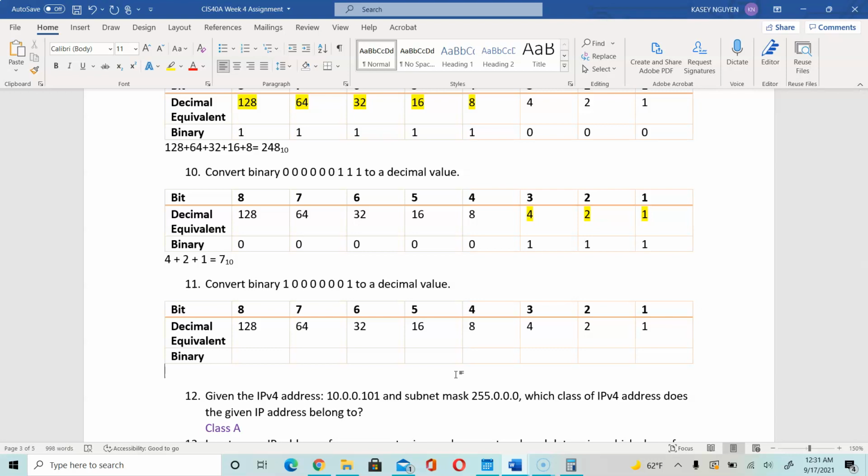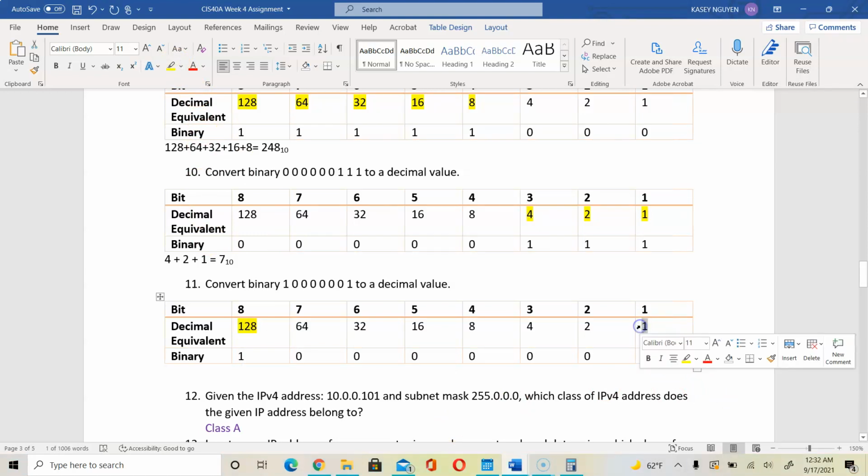For number 11, we use the same technique. You place the binary value into the scale, and then you're only going to add the values that have the 1, which are bit 8 and bit 1.